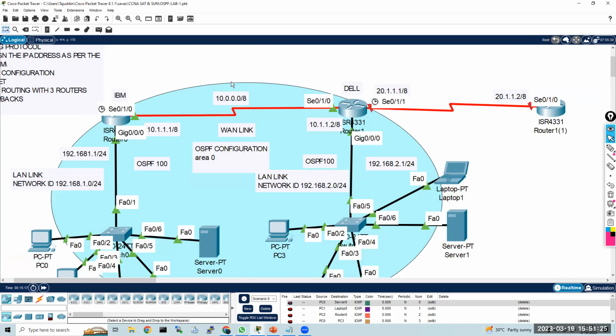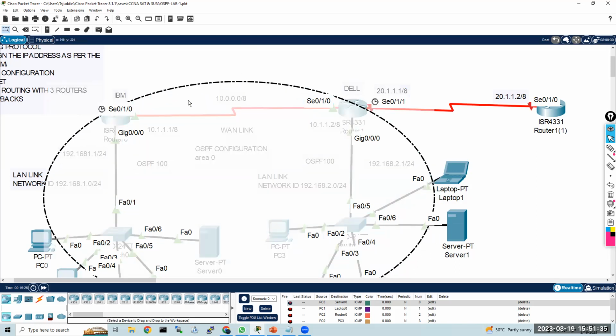That's the reason it's showing all as BDR, because it's not doing the election process. If you have more than one area, that is our next lab. We are going to do that.